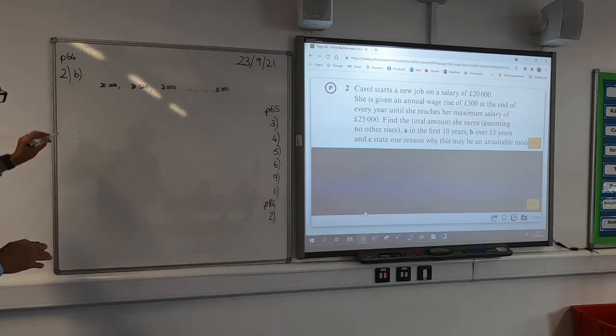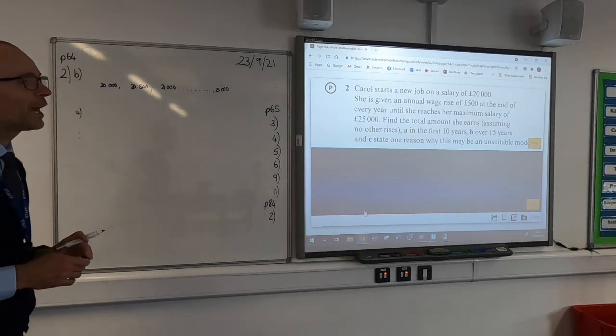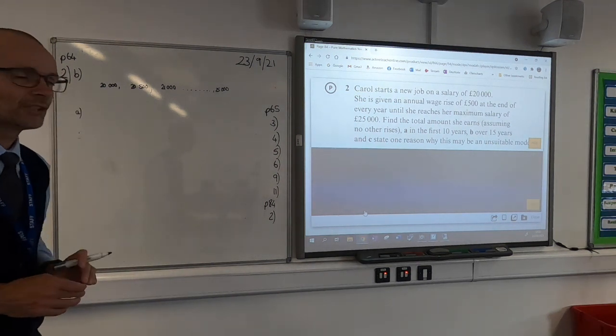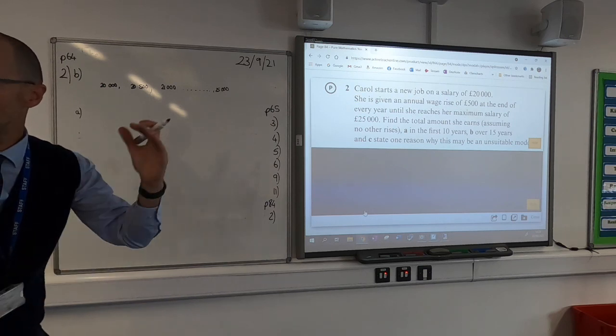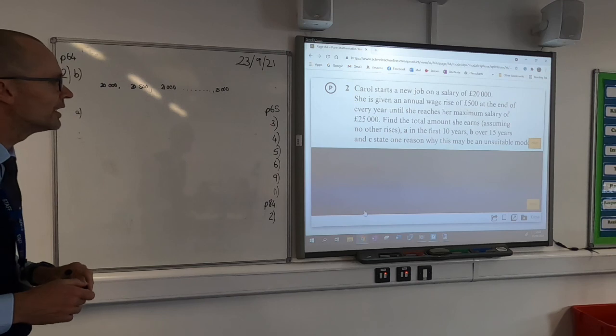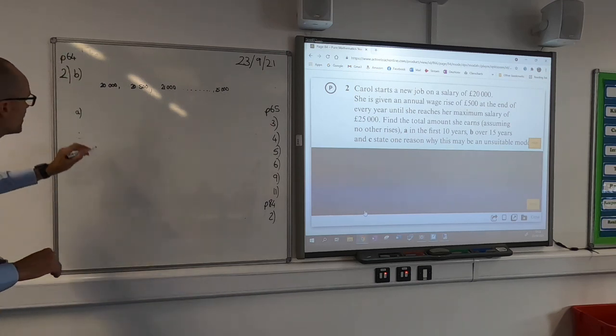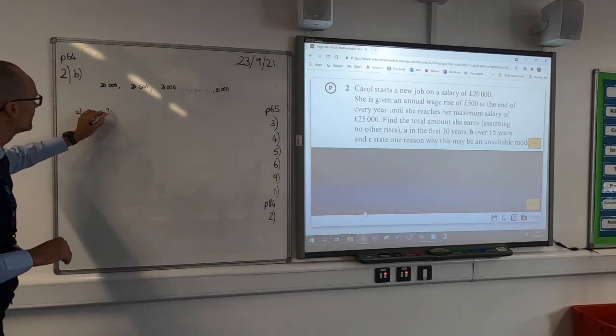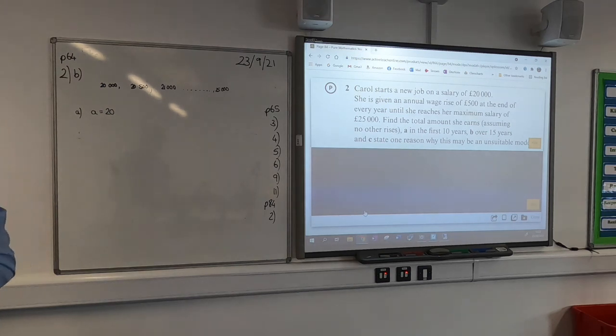So for part A, we're asked how much in total does she earn in 10 years? Not how much is she earning at the end of 10 years, but the first year plus the second year plus the third year. So I'm going to write my parameters out. So A is 20,000. In fact, I'm going to work in thousands in this question, so I haven't got to deal with large numbers. So I'm going to put A as 20.